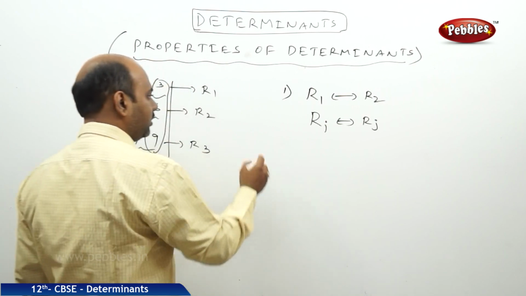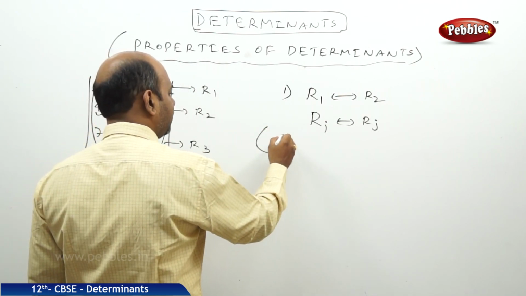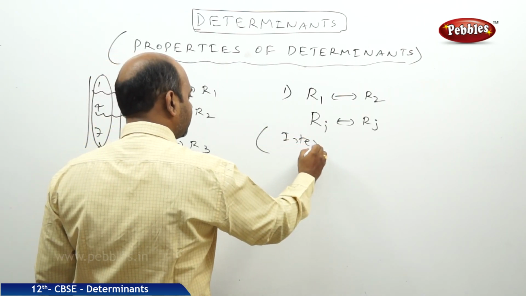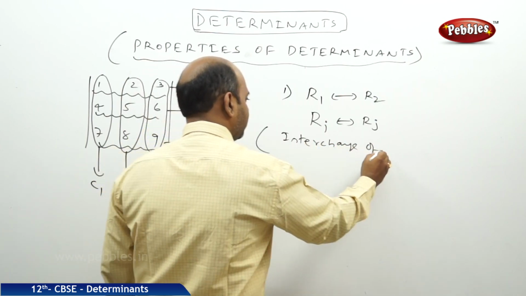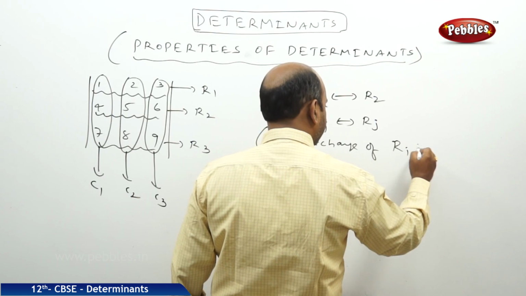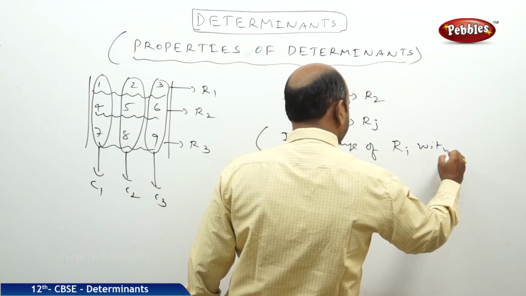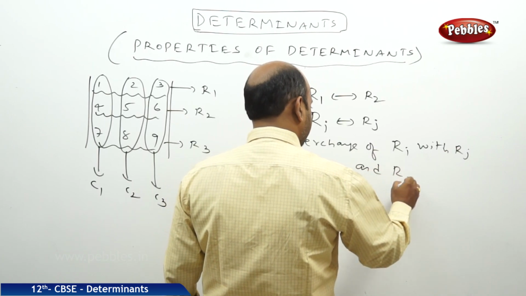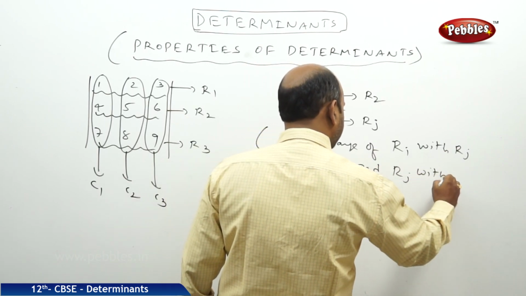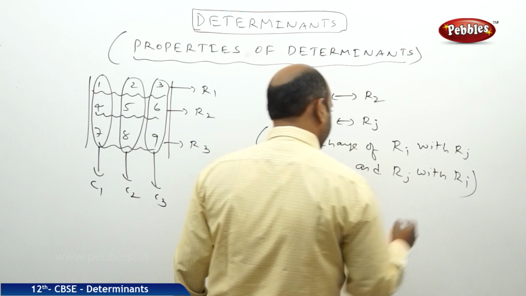In general, we shall be using Ri interchanged with Rj. That means the interchange of Ri with Rj and Rj with Ri.